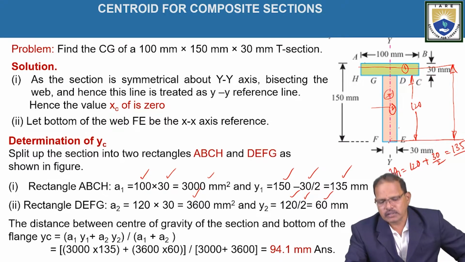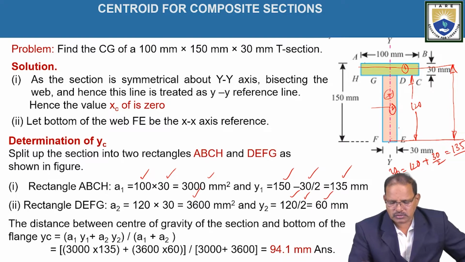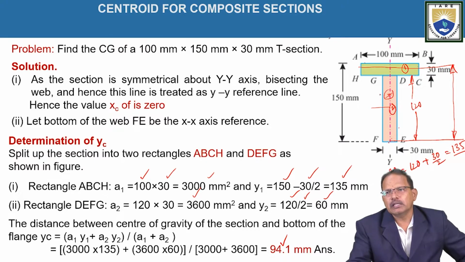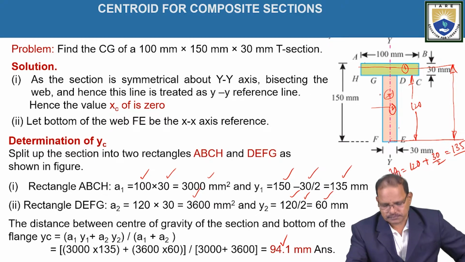On simplification, we get yc is equal to 94.1 mm. That means the center of gravity of the T section lies at a distance of 94.1 mm from the bottom of the figure. This represents the position of the centroid.